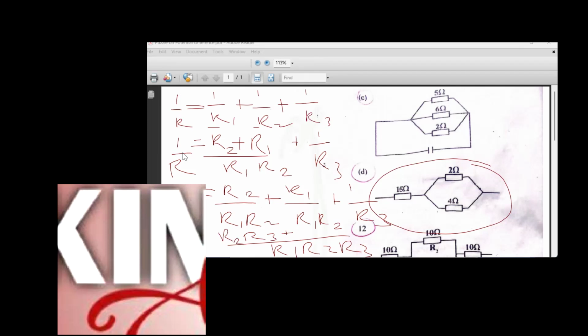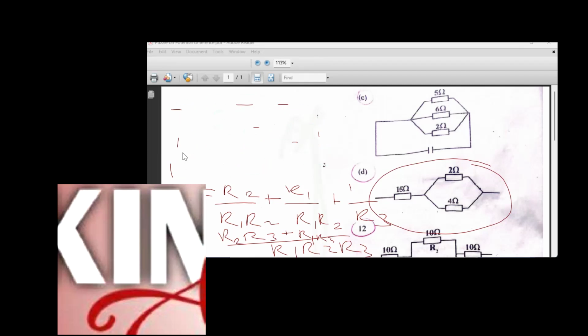Then R1, R2 into R1, R2, R3 is R3. And you have R1, R3. So we can move on. Let's quickly delete this, and then we can have more space to solve.